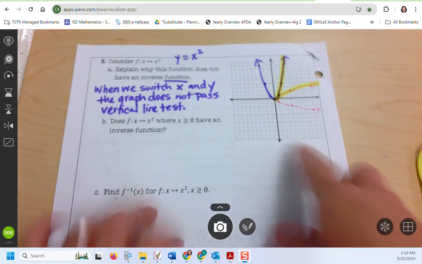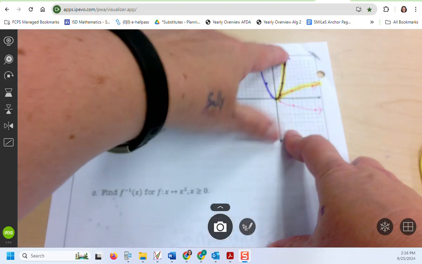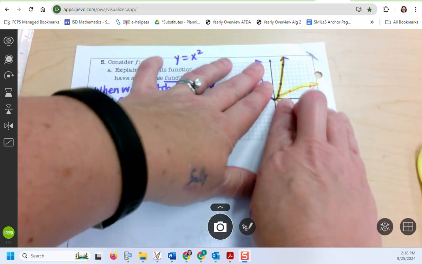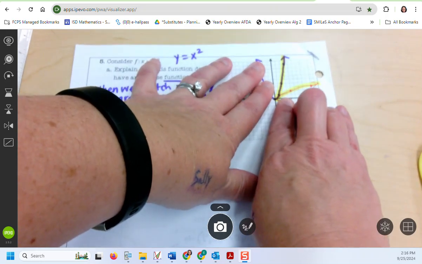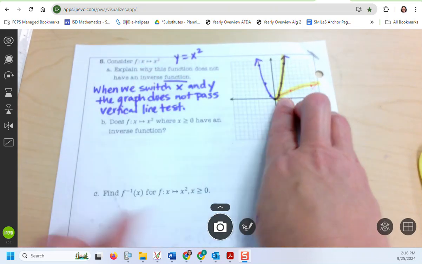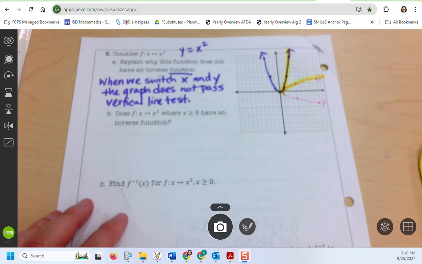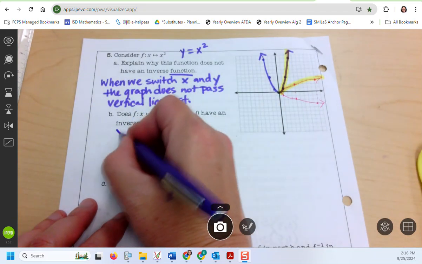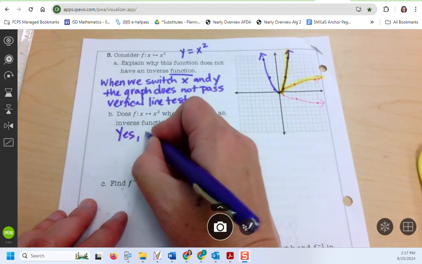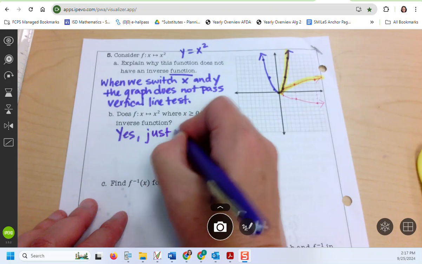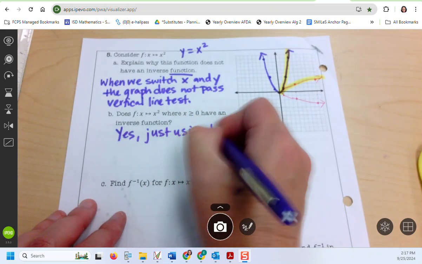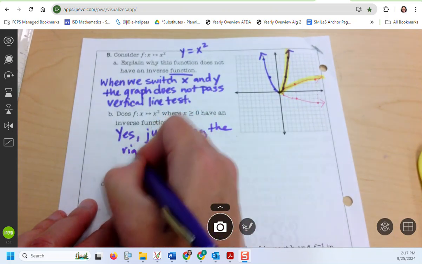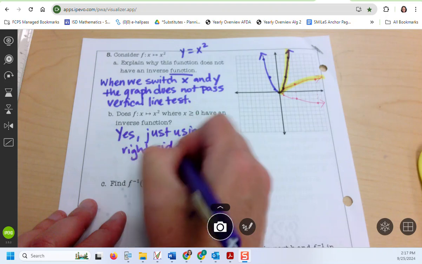If we're only talking about the part where x is greater than 0, then we're okay, because we don't have this over here, and we don't fail the vertical line test. Okay, so yes, just using the right side will work. So that's what they do.